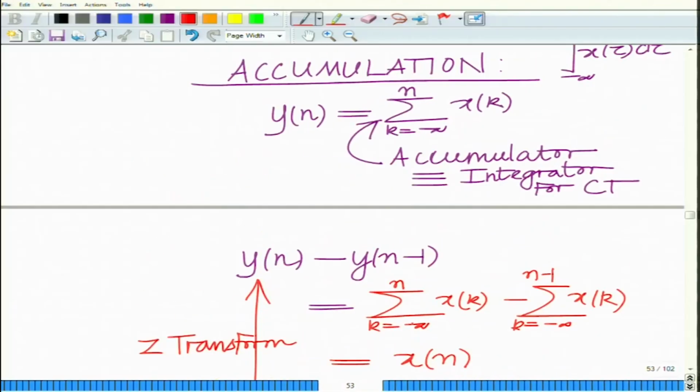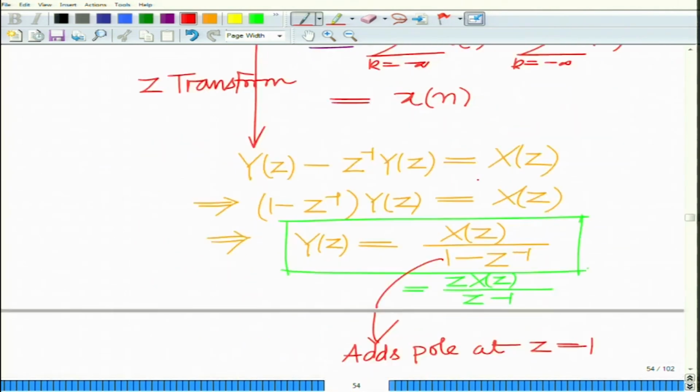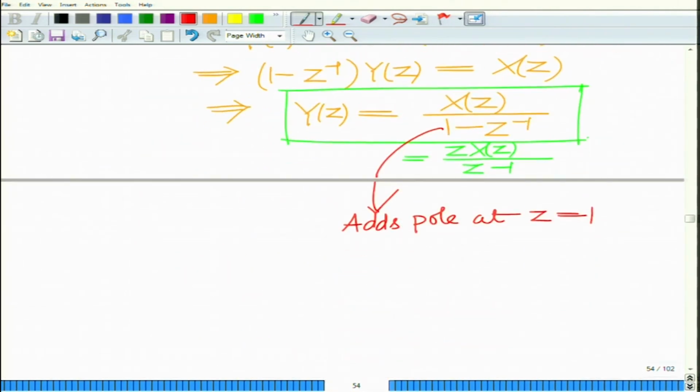Previously the signal x[n] has an ROC R. So, the ROC must be the intersection of R and the region magnitude z greater than 1. If X(z) has ROC equals R, since you are adding a pole at z equal to 1, the net ROC will be the previous ROC intersection magnitude z greater than 1.